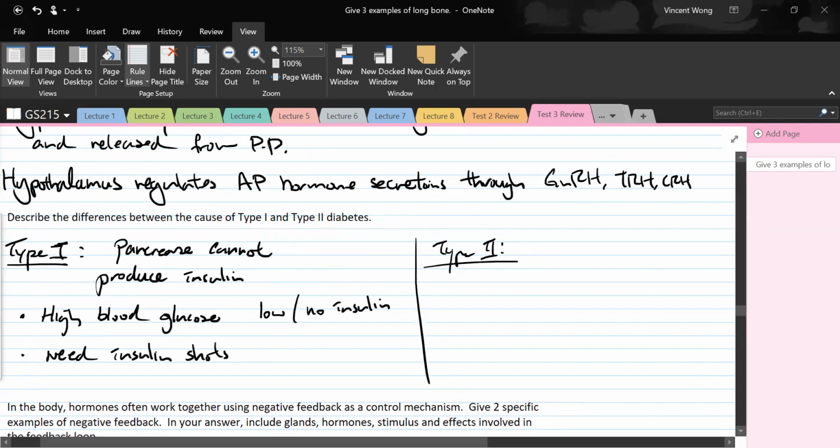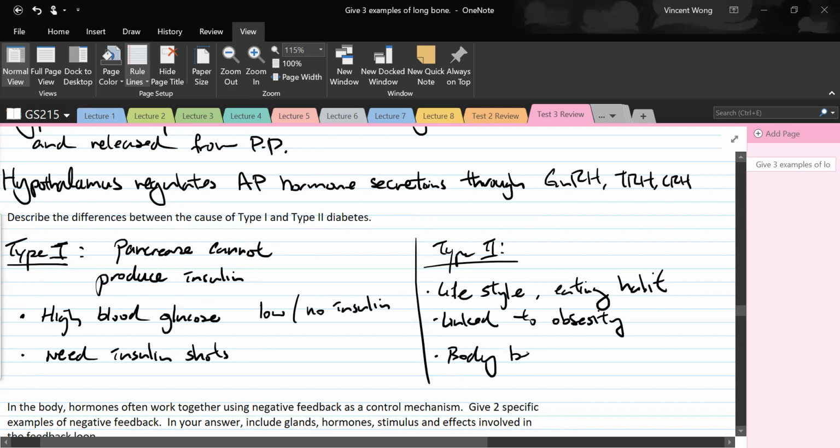And this has to do with lifestyle sometimes, right? Eating habit, it's linked to obesity. So your body becomes insensitive to insulin.